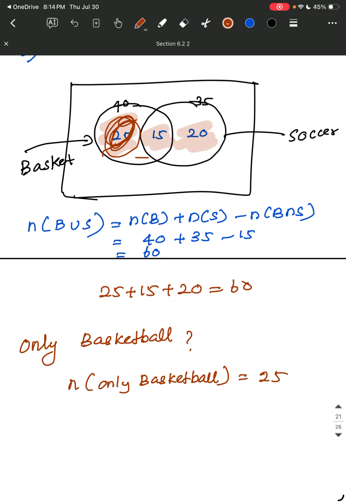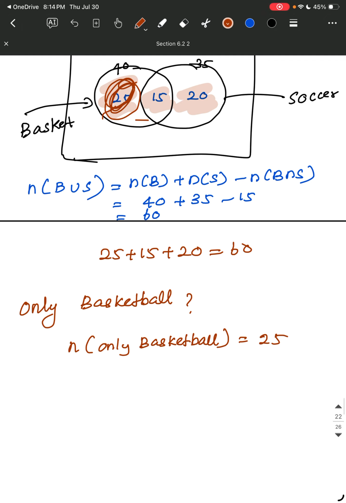Only soccer, it is easy to read it from here. Only soccer, 20. So that's why I encourage you to draw the Venn diagram before answering the questions.